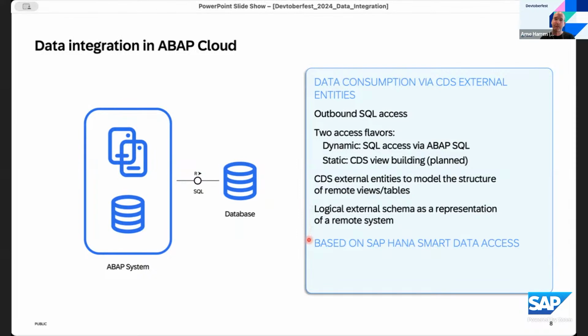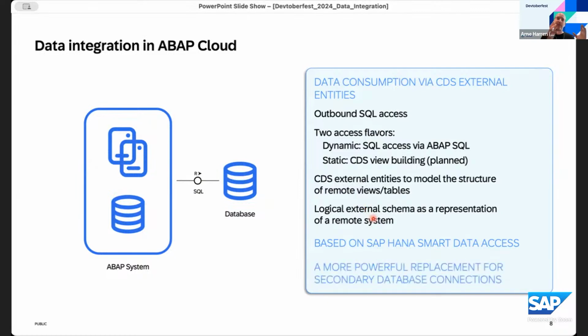The technology we have built is based on SAP HANA Smart Data Access. So the requests that the ABAP system sends are sent to the database of the ABAP system, and then from there they are sent to the remote system.